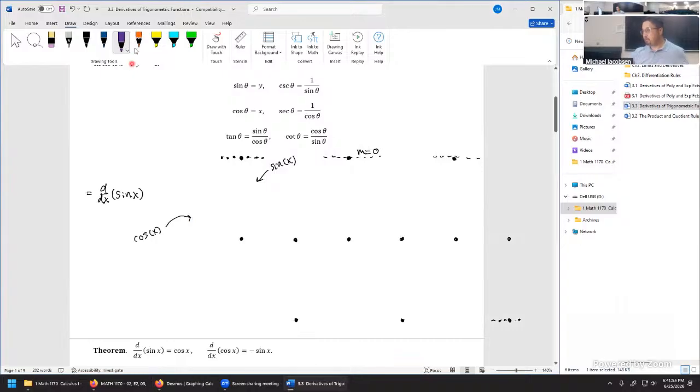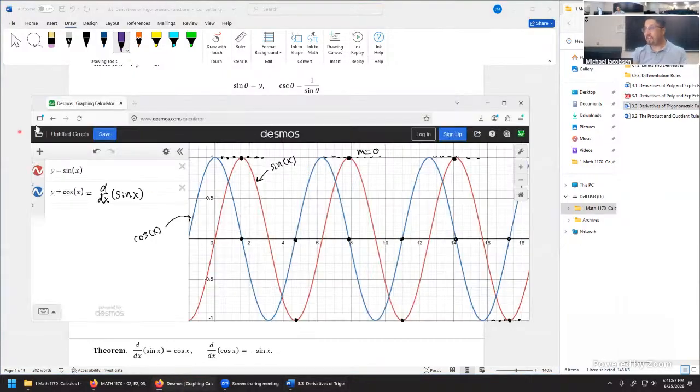Let's draw one more thing so the diagram doesn't get too overwhelming. The idea is that from this domain, from here to here, sine x is decreasing. It's going down. But in that same exact domain, cosine x is less than 0. That makes it plausible that it's really the derivative once again.